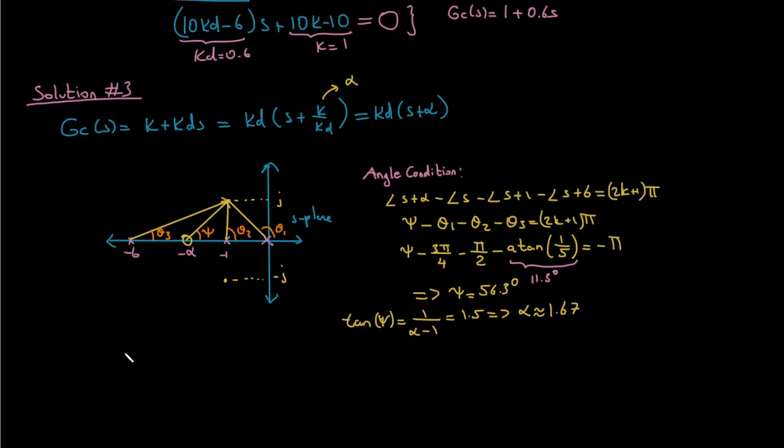Okay, so let me write it over here. So now I found alpha, which was equal to K over KD, and I should also find the KD value as well.